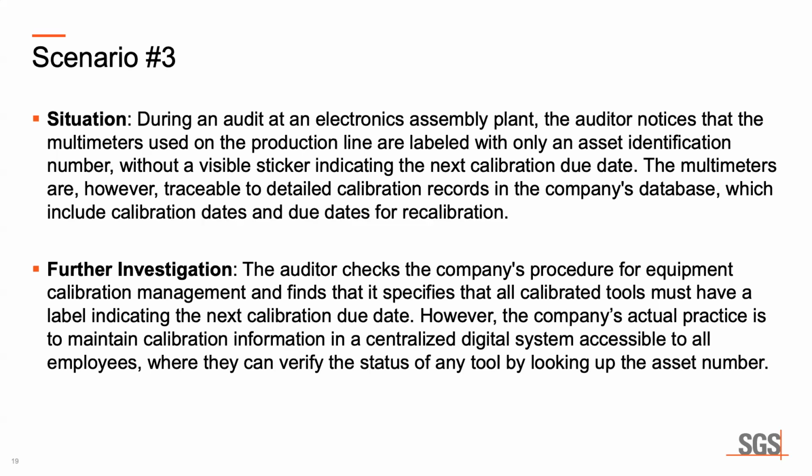The auditor checks the company's procedure for equipment calibration management and finds that it specifies that all calibrated tools must have a label indicating the next calibration due date. However, the company's actual practice is to maintain calibration information in a centralized digital system accessible to all employees, where they can verify the status of any tool by looking up the asset number. Is this a nonconformance? Okay, we'll let that one go.